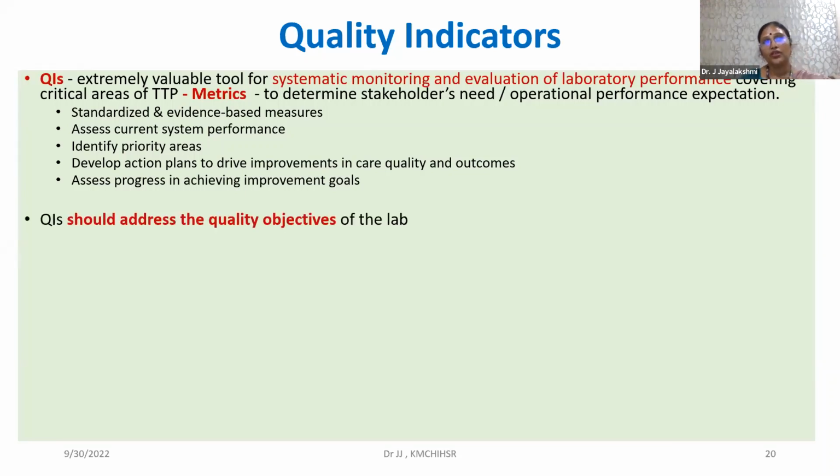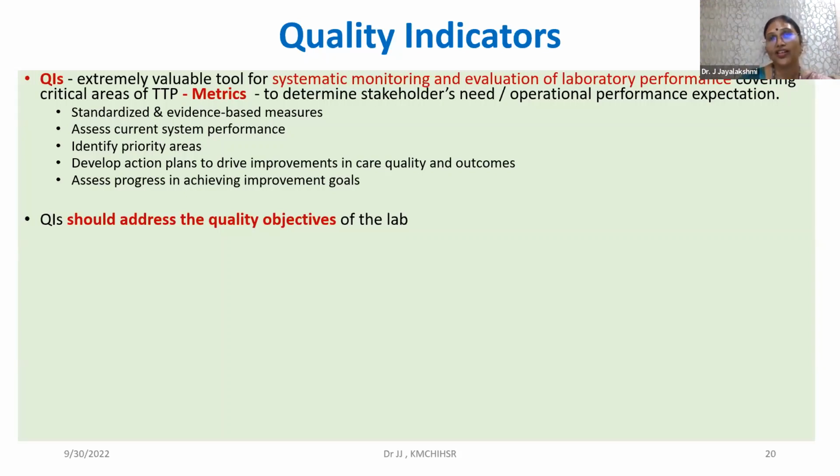So another important thing, I have a friend of mine who's an assessor. Okay, so when we team up to do an assessment, most of the time, this ma'am would always say, Dr. Jayalakshmi, I again gave this NC, she says. Okay, so what is this NC? Because your lab defines a quality policy and you define quality objectives also. You say that you will be doing this in terms of patient care, of testing, etc. But you will not have a tool or a measure to assess whether that objective is attained or not.